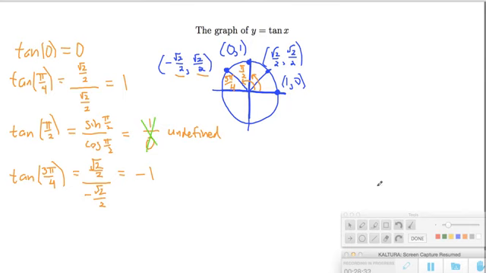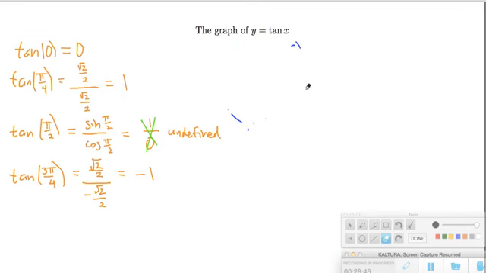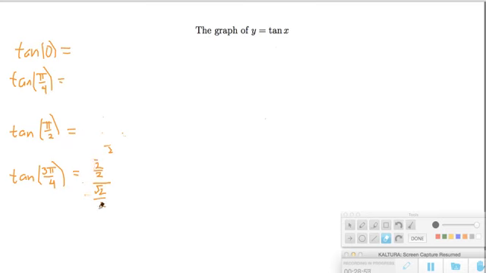Okay, so let's go ahead and try to draw a graph on the xy plane. Remember, I'm just writing this back in so that it's a little bit smaller.